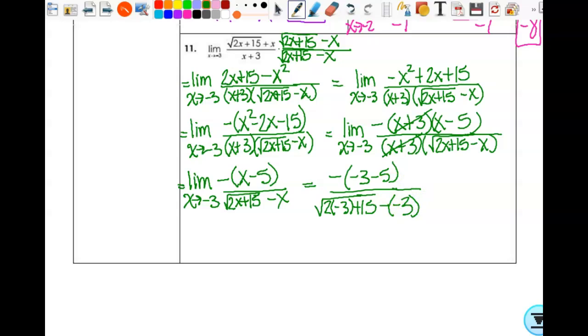All right, just substituted in my negative 3. So in the numerator, negative 3 minus 5 is negative 8. I make that negative. That means it's a positive 8. Then in the denominator, 2 times a negative 3 is negative 6, plus 15 is 9, square root of 9 is 3, minus a negative 3, that's 3 plus 3. That's going to be 8 over 6, which is going to reduce to 4/3.